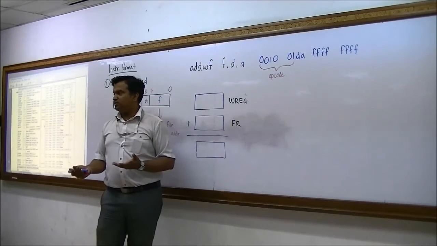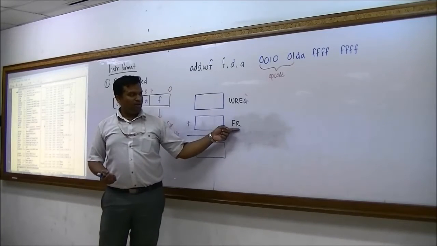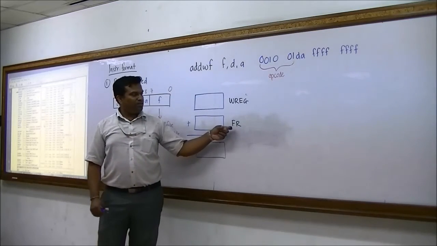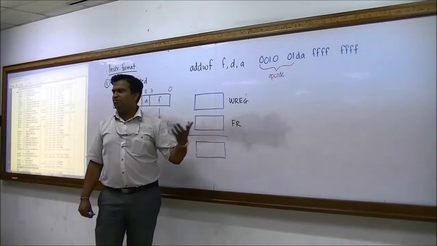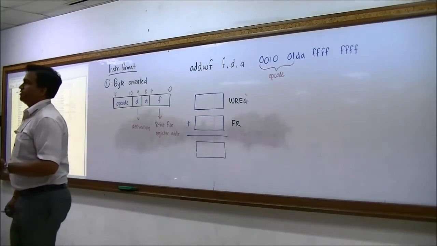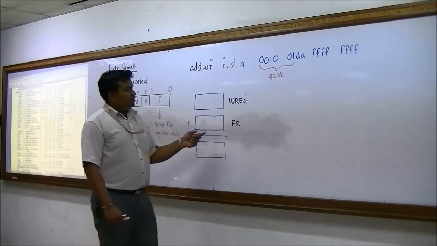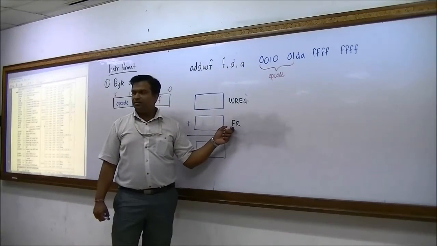Can you suggest any address? When we're talking about this address, am I referring to data memory or program memory? Data. Remember I told you that all the executions are done on data memory. So any file location we're talking about is in data memory. Any address you want to suggest?